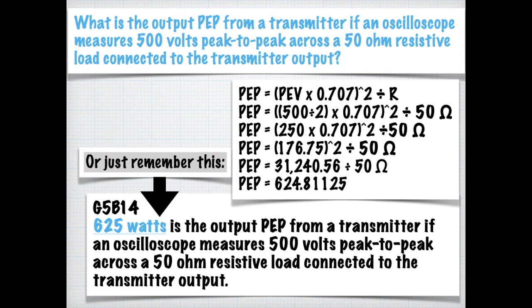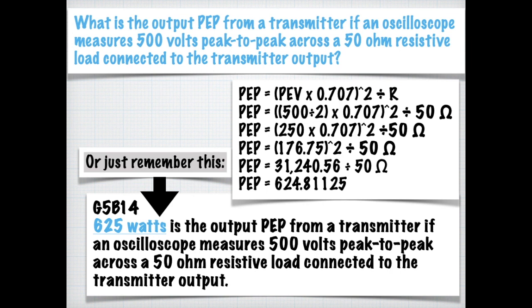We know that we have 500 volts peak to peak, and we know that there's 50 ohms. So that gives us a formula of 500 divided by 2 times 0.707, squared, divided by 50.